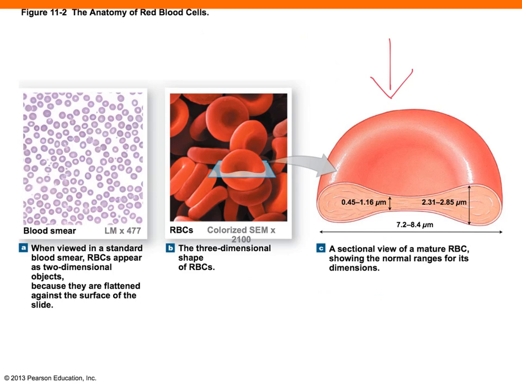And again, this is a wonderful adaptation so that the membrane is placed close to the hemoglobin that would be in this area that I just drew in. And of course, the shape allows the blood cells to squeeze past areas that are quite a tight fit.